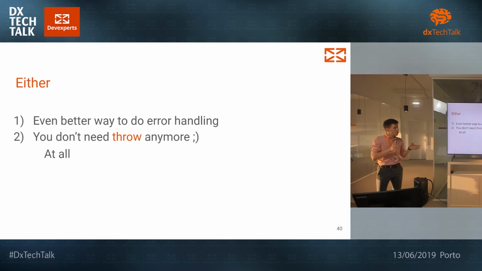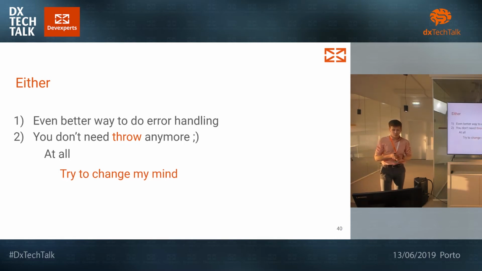And you can organize your work with exceptions in more explicit and less error-prone way. I know it sounds suspicious, but if you don't agree with me, come after the talk and let's discuss it, okay? I'm almost sure I can convince you.